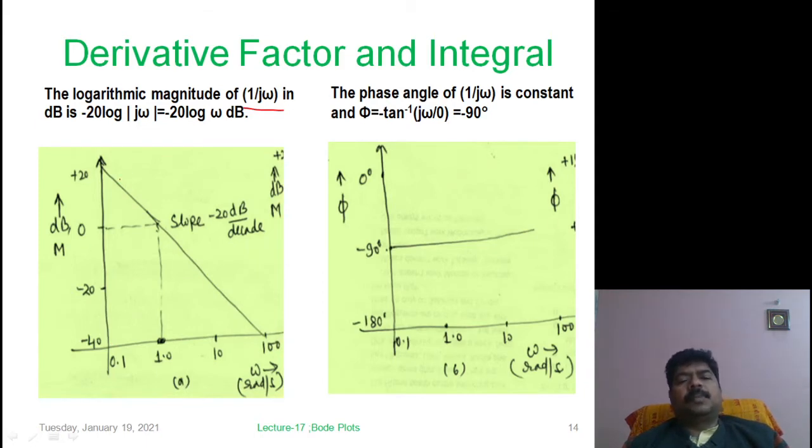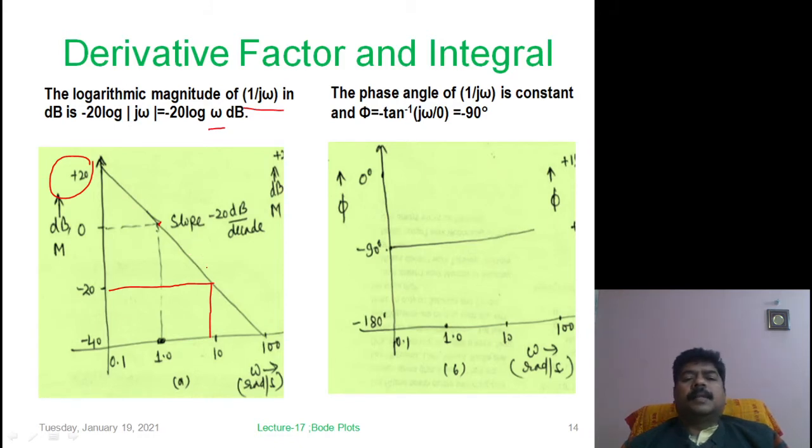The minus 20 log omega at omega equal to 0.1 will be 1 by 10, or 20 log 10, so that will contribute 20 dB. At omega equal to 1 this will contribute 0 dB, and at the next frequency, 10, this will also contribute a slope of minus 20 dB.